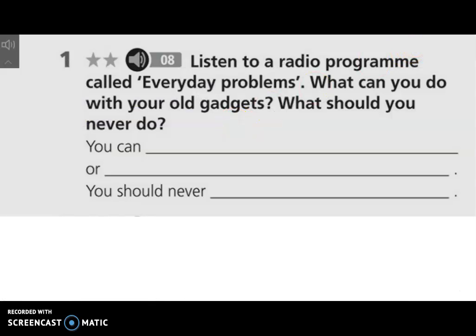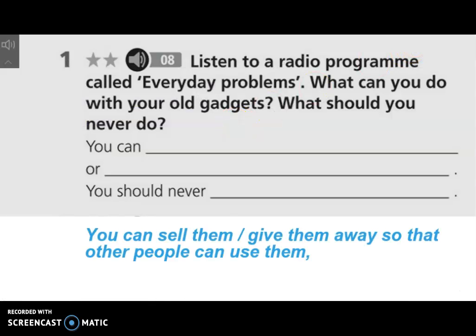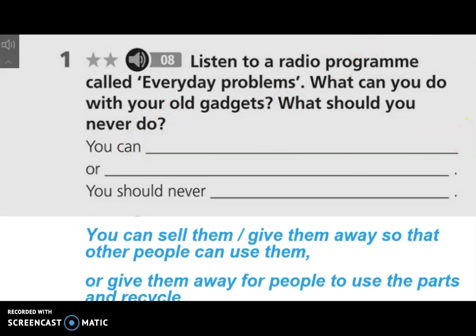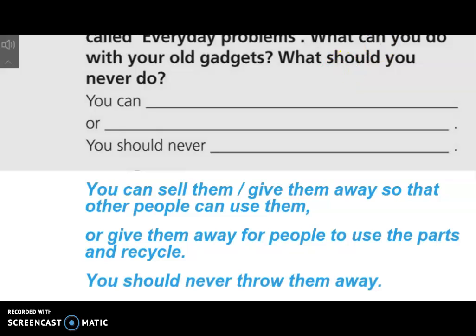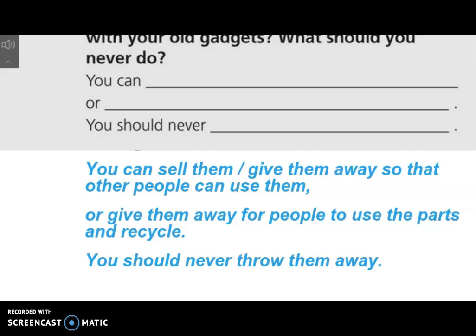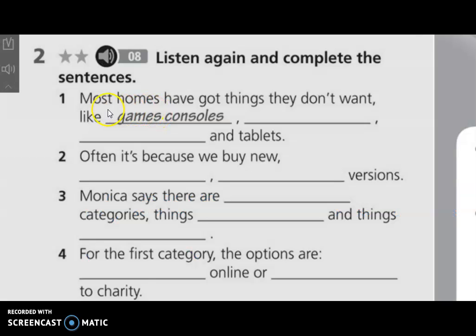So after listening, you have to answer that you can sell them or give them away so that other people can use them. You should never throw them away. Now we have to complete these sentences.